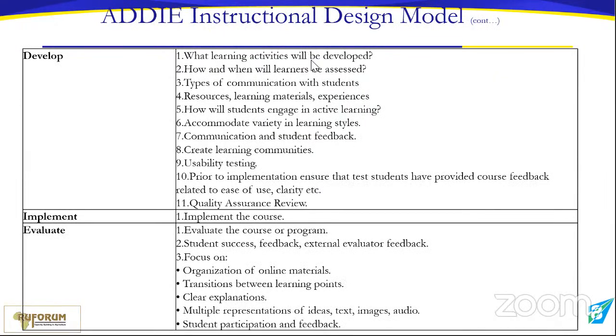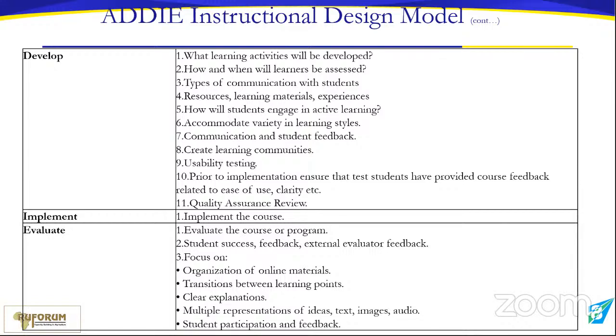Then let's shift to development. So what is developing now? You've been able to visualize what the course is supposed to be, what learning activities you need, what your learners are supposed to be, and so on. So what learning activities will be involved? So you have to come to learning activities. Are you going to have group discussions?